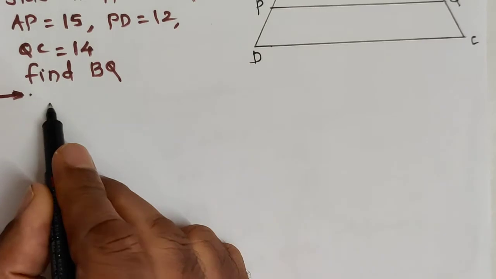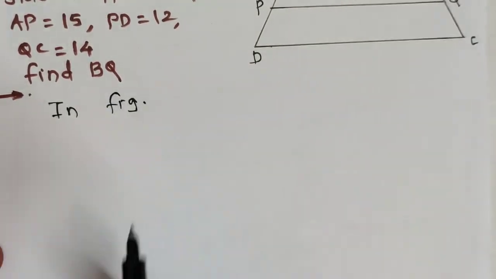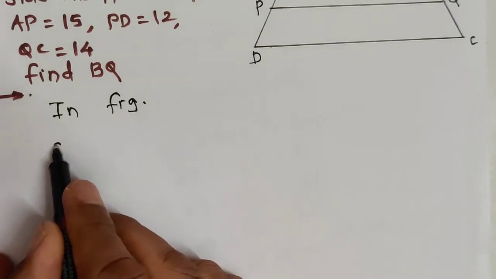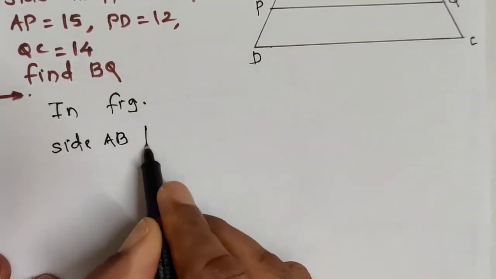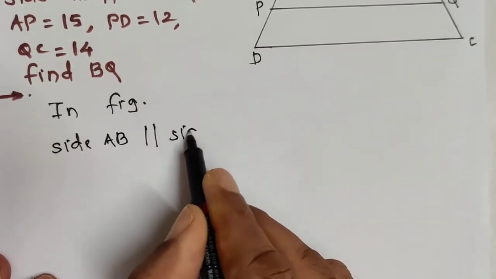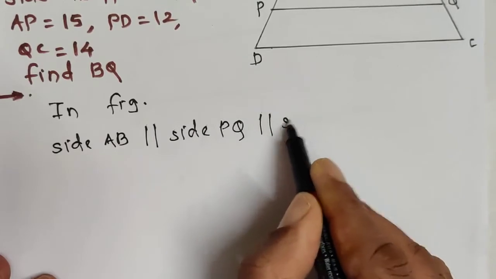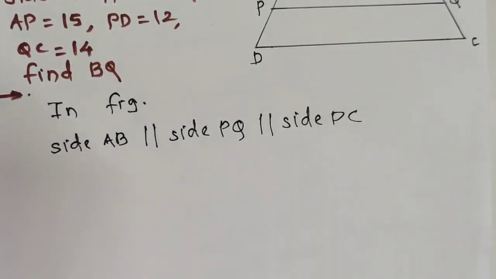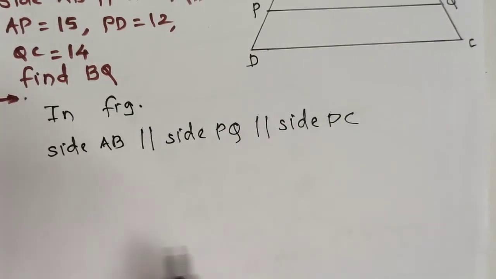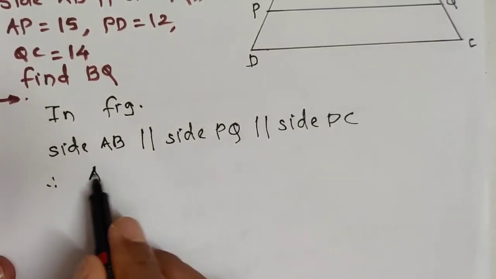So how to write the answer? In the figure, what is given? Side AB parallel side PQ parallel side DC. Therefore, by the property of three parallel lines, what can we write?